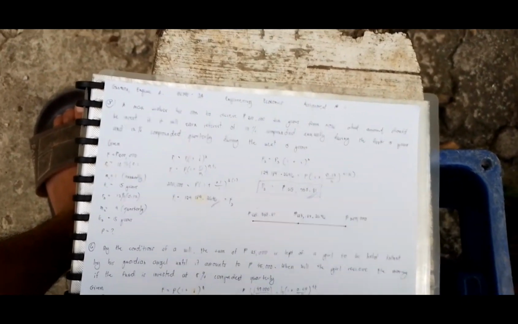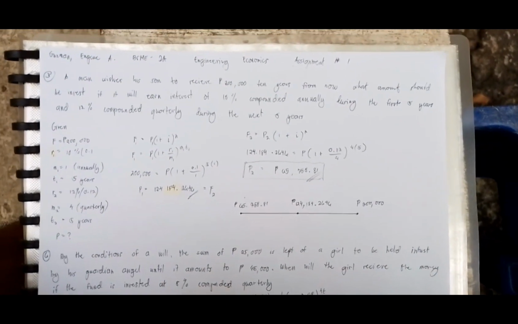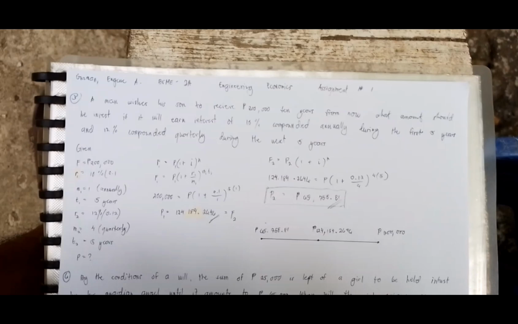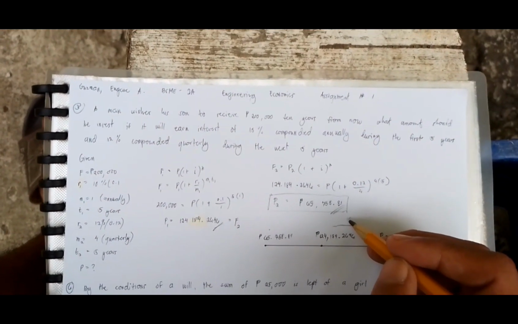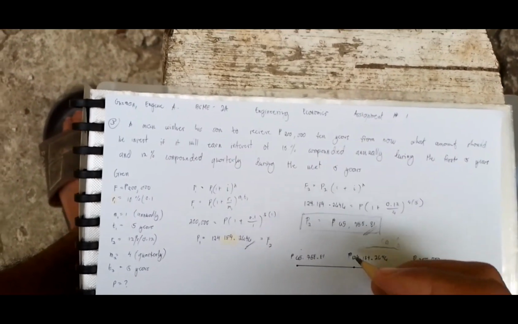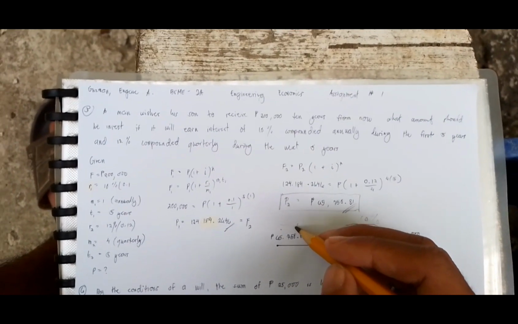So a total of 10 years. First, we'll calculate it backwards since it's asking for its present worth. This part would be at the 10% rate, and this part would be at 12% compounded.